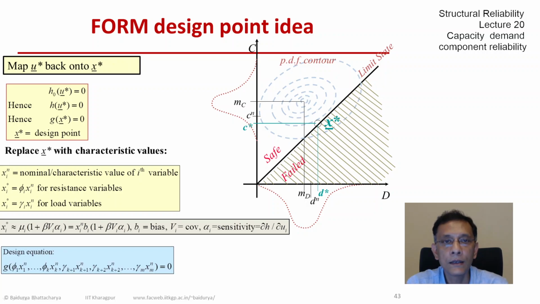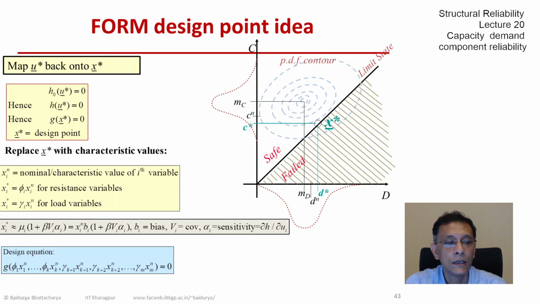So going back to what we started with, we can write g of x star equals 0 in terms of all these expanded versions of x star in terms of xn, and now we are left with a function which involves all the nominal values of the basic variables multiplied by a certain factor.